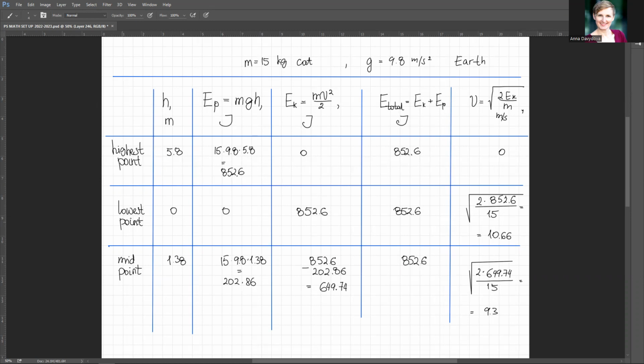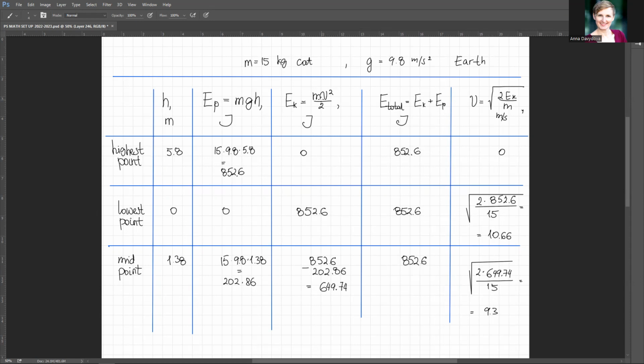In the lowest point, this line, the height is 0. For that reason, potential energy is 0. mgh includes 0. There is no potential energy. Full energy that we had, E total, which is the same all across points, is now belonging to the kinetic energy. 852.6 joules is full kinetic energy. And now we can find the velocity.